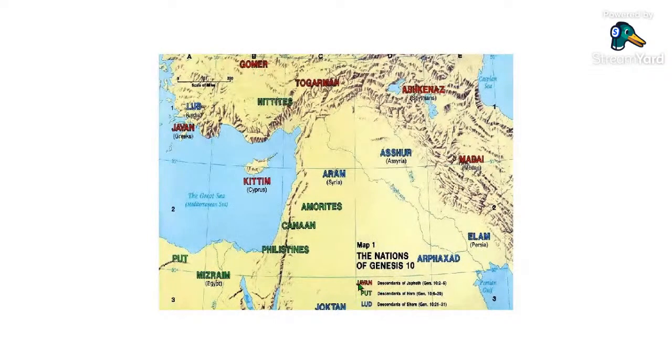Again, this is the same thing. The red are the descendants of Japheth. They went north. Semitic people are in the blue, in the middle, stayed in the middle. Lydia, Asher, Aram, Elam, Arpachshad, as we can see. So that's 1, 2, 3, 4, 5. And then we have Put, Mizraim, Cush, and Canaan.